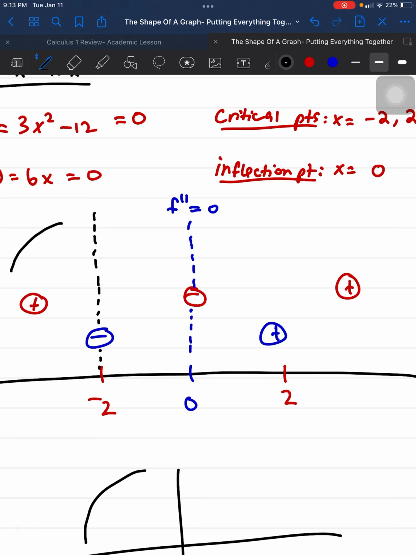Now, moving on to the next subregion, between negative 2 and 0. We're going to include 0 because that's where the concavity will change.